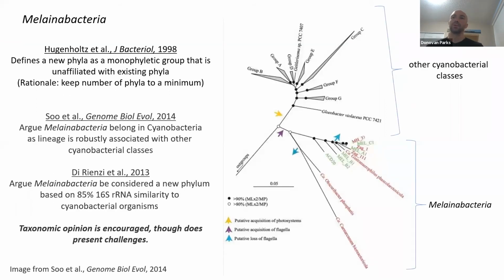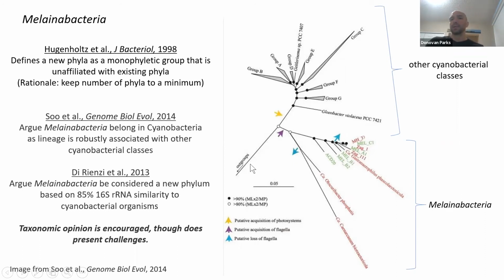So I just wanted to give you a concrete example of that. What you're seeing on the right in this tree is a set of lineages, and these are all classes of cyanobacteria. And recently, in the 2010s, we discovered this whole new branch of organisms, which have been called Melanobacteria, which sit sister to these cyanobacterial classes.